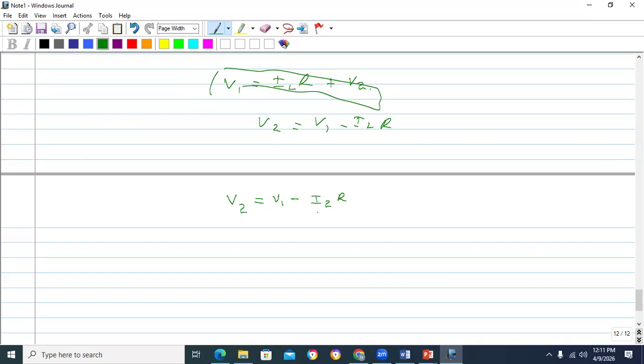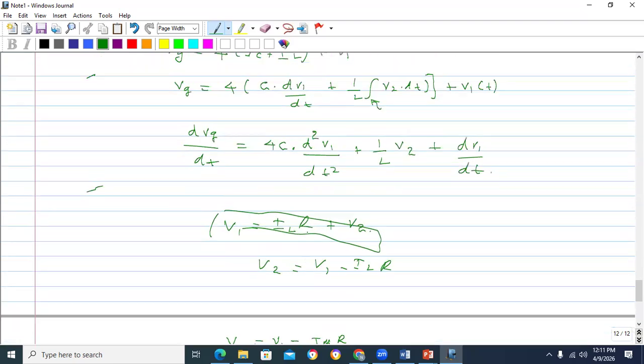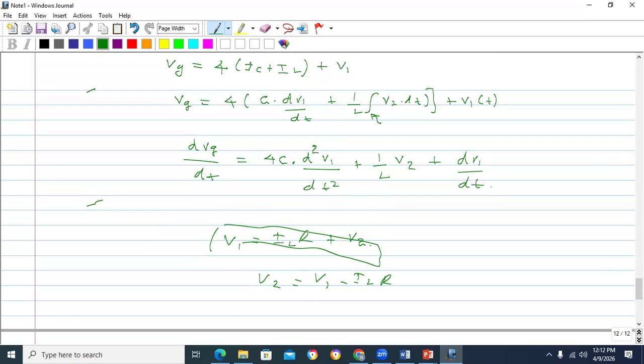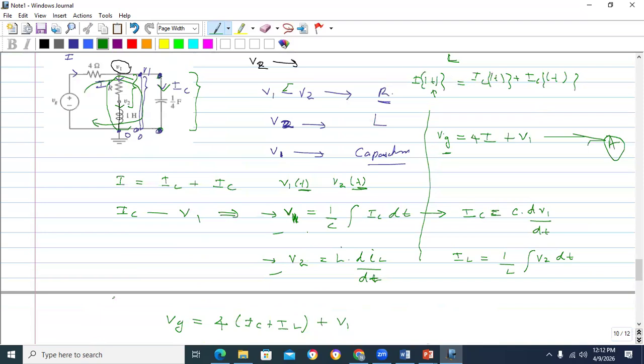So this is V1 minus ILR, okay. So IL again, V2 is equal to V1 minus IL R, and again V2 is there, no? I think this question is somewhat difficult.